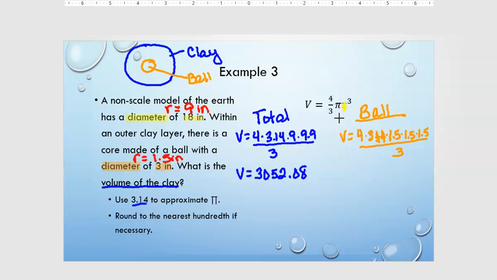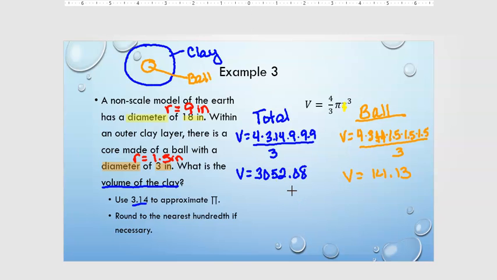So 4 times 3.14 times 1.5 once, twice, and 3 times, and then divide that by 3, and I find that this has a volume, that center ball has a volume of 14.13.